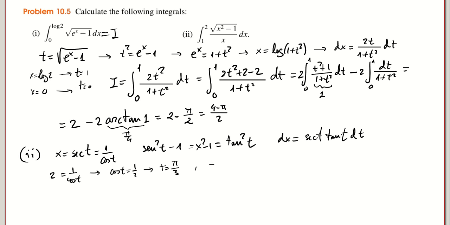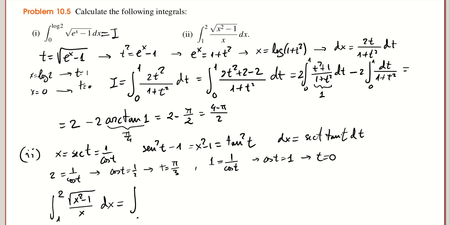When x is equal to 1, we have this, so the cosine of t must be 1, so t must be 0. So the integral from 1 to 2 of the square root of x squared minus 1 over x gets converted into the integral from 0 to pi over 3.